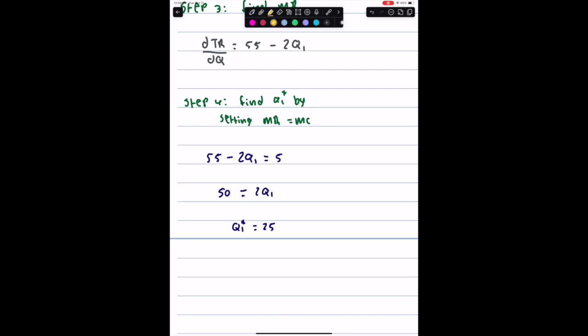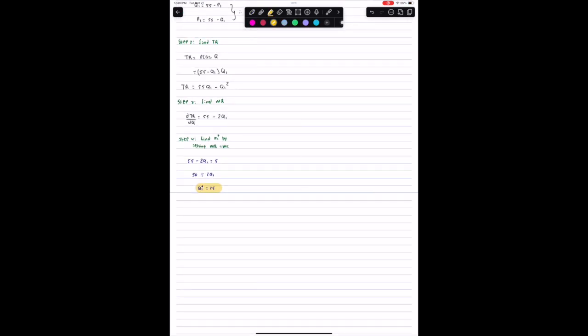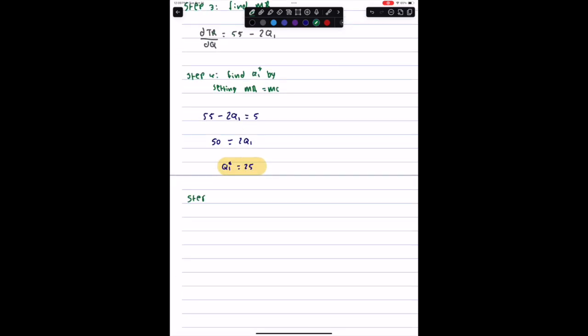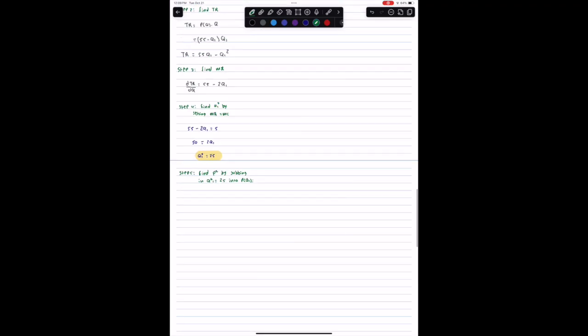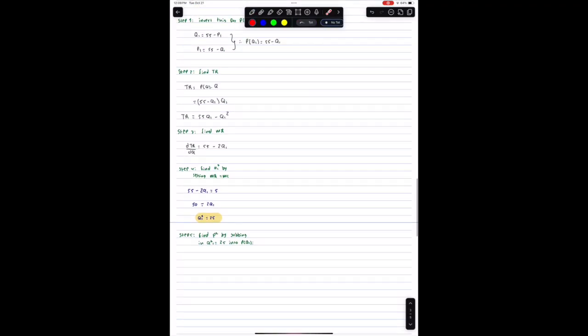Perfect. Now we're going to go into step 5. Step 5 is find P star by substituting Q1 star equals 25 into P of Q1. If you remember, we calculated P of Q1 to be 55 minus Q1.